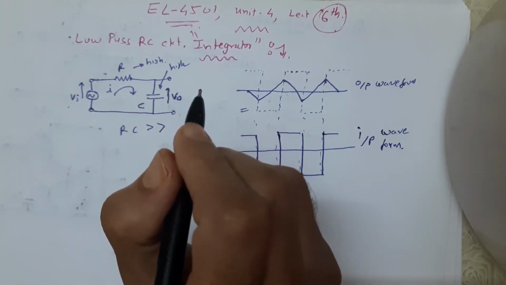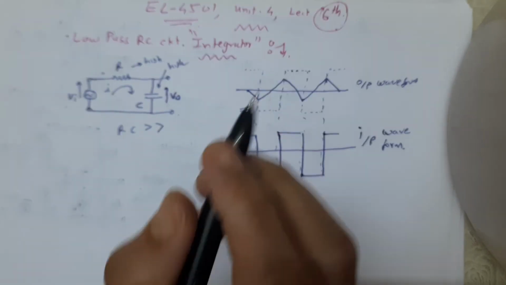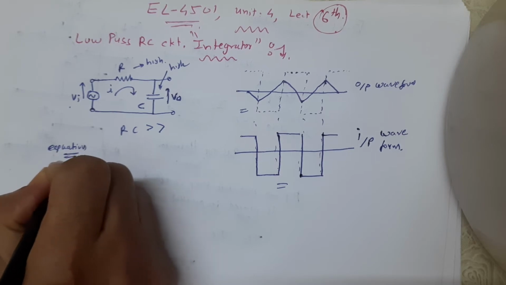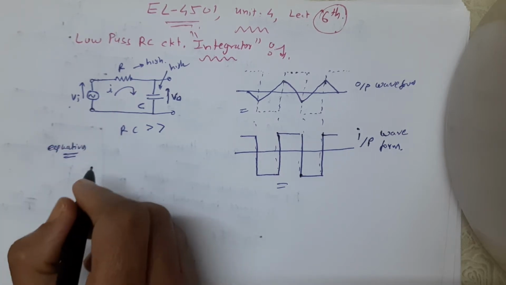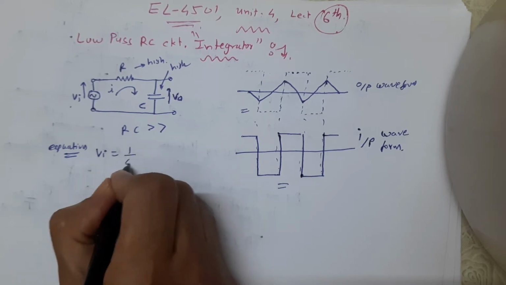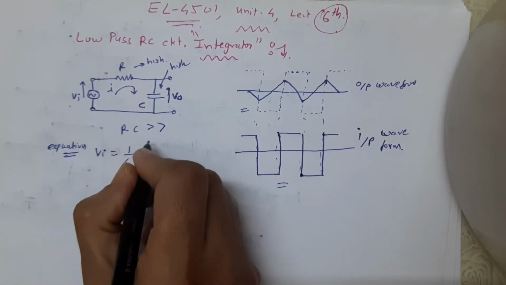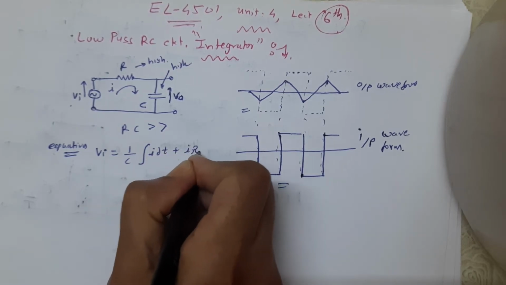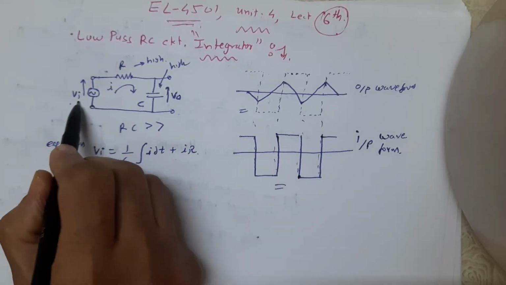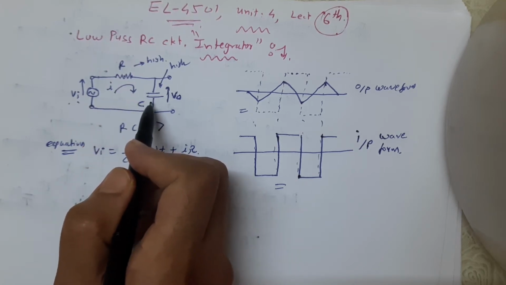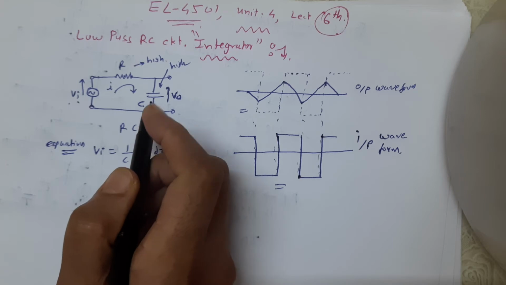The expression for the input wave can be written as the equation: input voltage Vi is equal to 1 upon C integration of I dt plus IR. So we know that Vi is equal to IR plus integration of 1 upon C I dt.